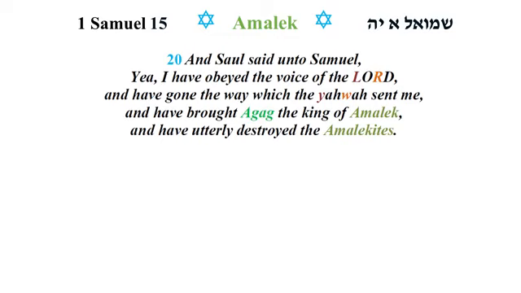Look at 1 Samuel 15:20. This is when Saul, after the battle, and Samuel the prophet shows up. And Saul said unto Samuel, yes, I have obeyed the voice of the Lord, and have gone the way which Yahweh sent me, and have brought Agag, the king of Amalek, and have utterly destroyed the Amalekites.